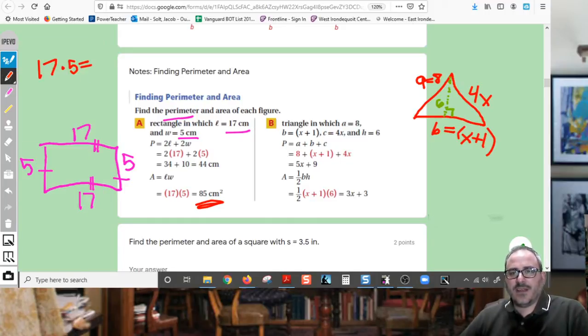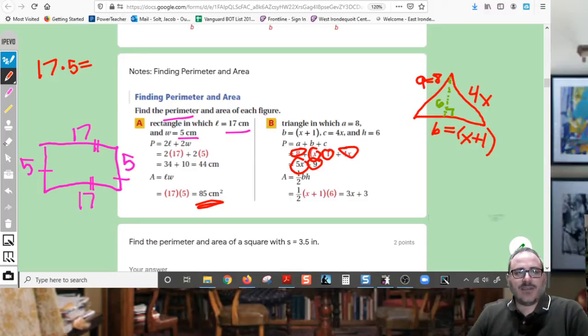All right, so let me figure out the perimeter. I've got to add all these things up. So I would have 8 plus x plus 1 plus 4x. I'm not going to be able to figure out the exact number for this because I've got variables going on here, but I can combine some like terms. So I know that 1 and 8 combined form 9, and I know that 1x plus 4x will give me 5x.